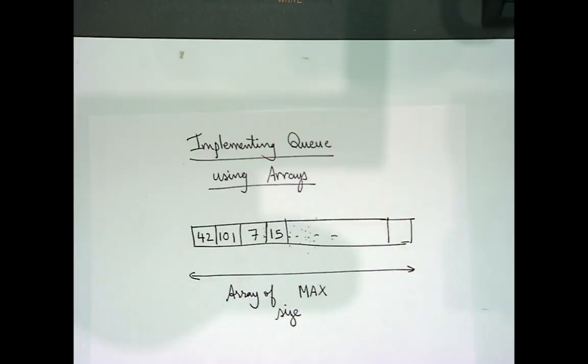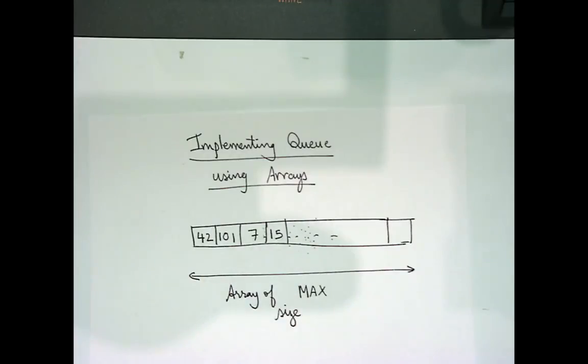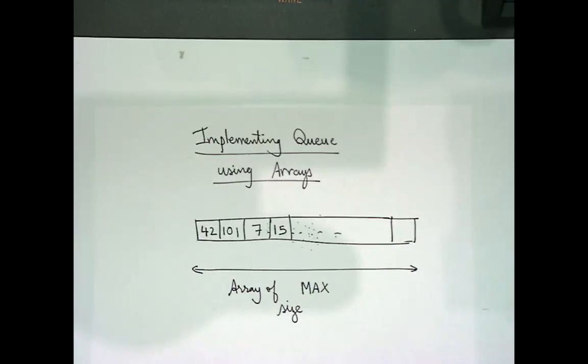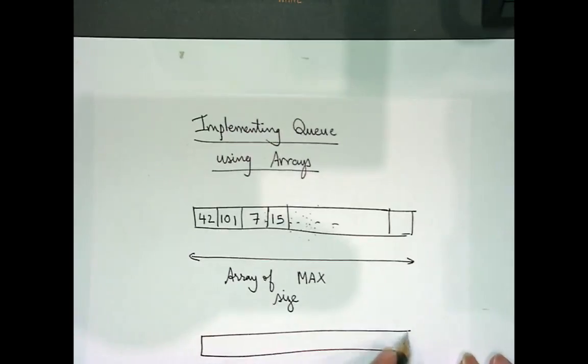So where should we put the front? Where should we put the back? I haven't even told you what the order of this thing is, but just think about it. If you had to code this up, where should the front be and where should the back be in the array? Suppose the array is empty, the queue is empty right now.